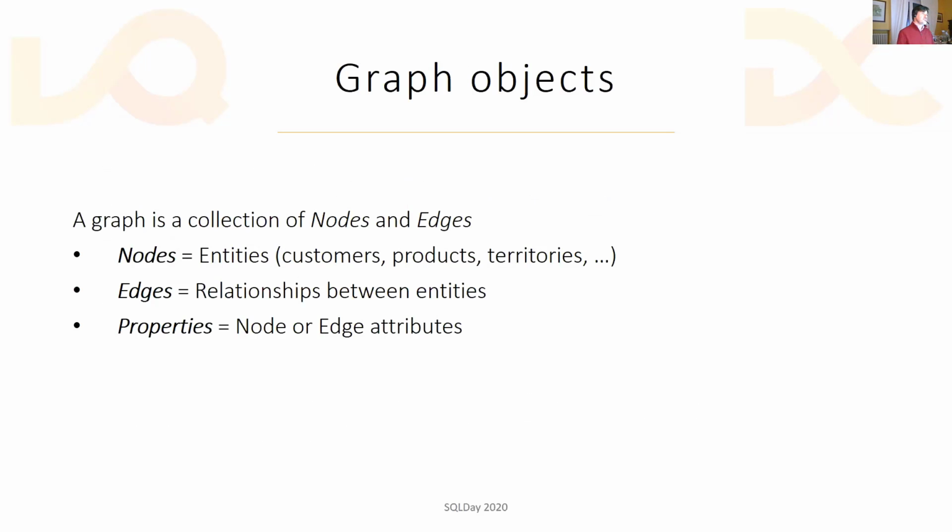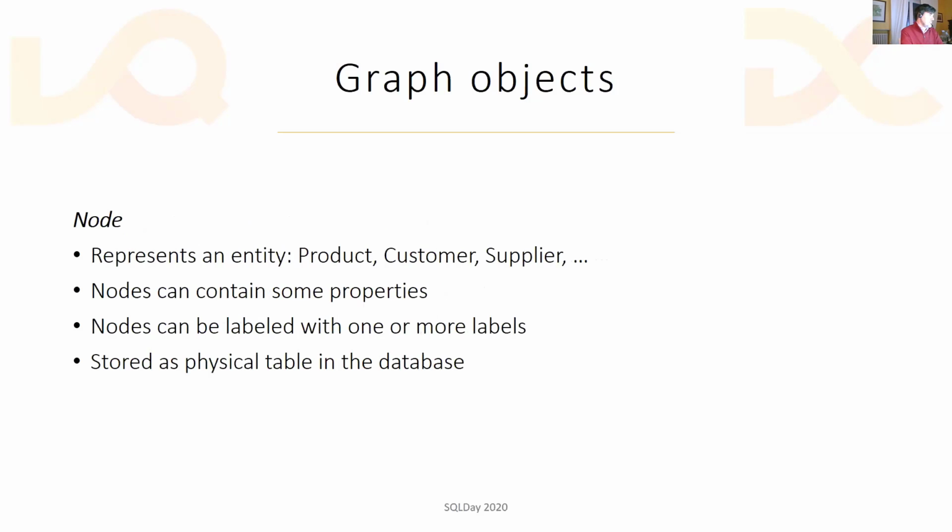So, what we need to know is that inside a graph database, we find mainly two kinds of objects, nodes and edges. Nodes and some related properties. Nodes are entities.